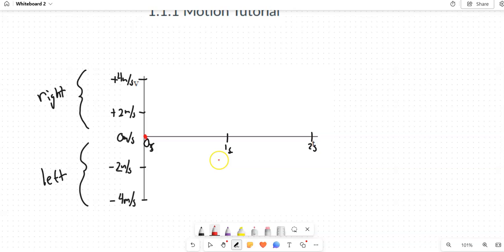And then at 1 second, it's going to have a velocity of 0 meters per second. 2 seconds, a velocity of 0 meters per second. 3 seconds, velocity of 0 meters per second, and so forth. So basically, this is going to look like a velocity line at the horizontal axis, and that represents not moving. So that is what a velocity looks like for an object that is at rest or not moving. Okay.